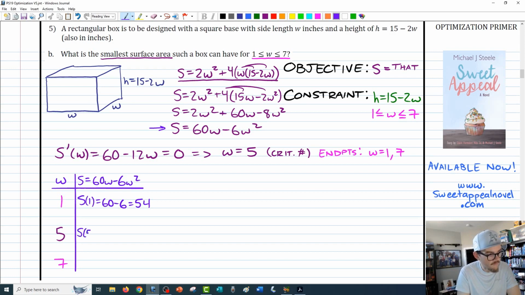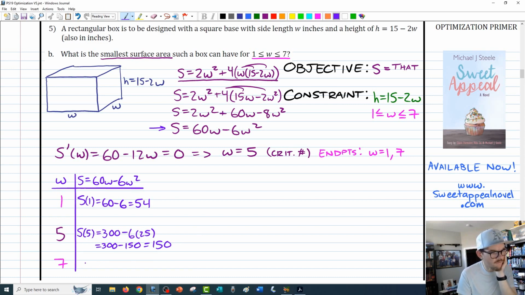If I plug in 5, so that's S of 5, that's going to be 60 times 5 is 300. This seems larger. Maybe I'm off here. And then 6 times 25. So if I think this through correctly, 300 minus 6 times 25. Well, 4 times 25 is 100. So add 2 more would be 150. So 300 minus 150 equals 150. Now that is a big boy compared to 54. So kind of nice. It's definitely not going to be the minimum surface area.